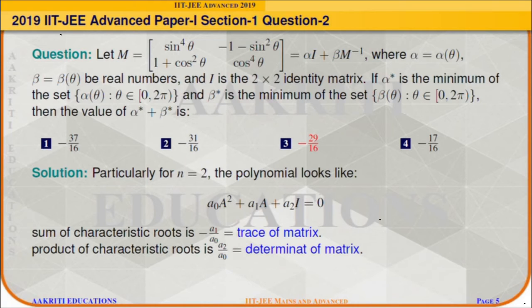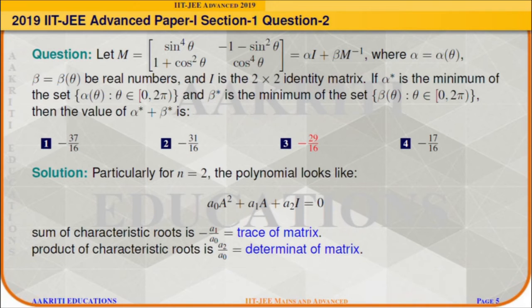The sum of its characteristic roots will be minus a1 divided by a0 and product of its characteristic roots will be a2 by a0. Because of the properties of its characteristic roots, the sum of its characteristic roots will be equal to the trace of the matrix and the product of its characteristic roots will be the determinant of the matrix. This is due to the Cayley-Hamilton theorem.